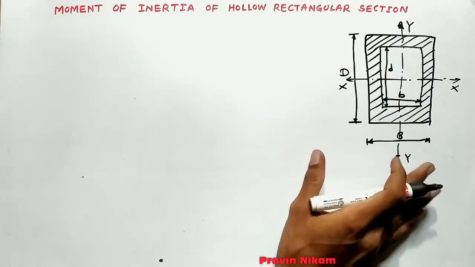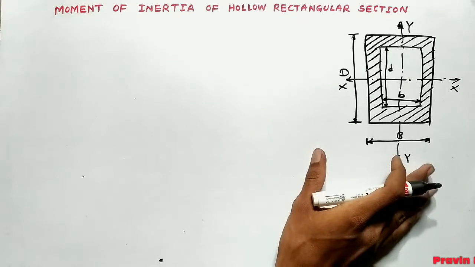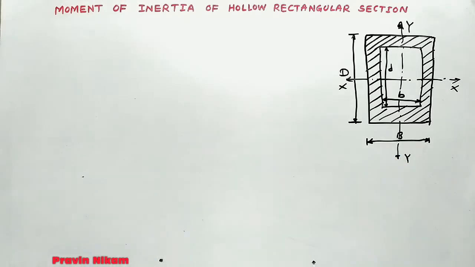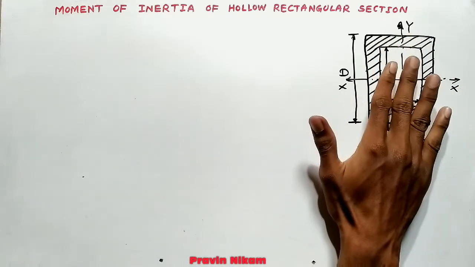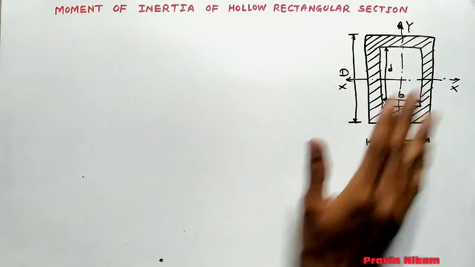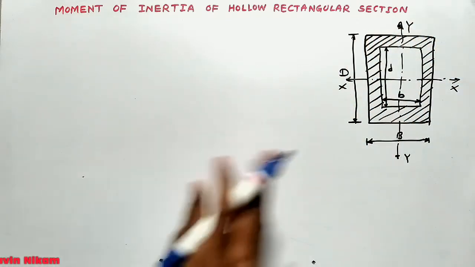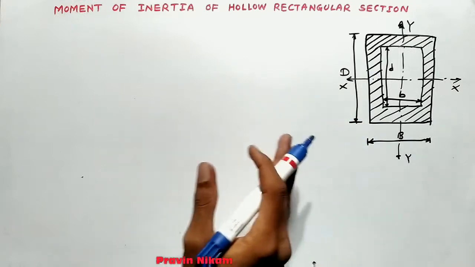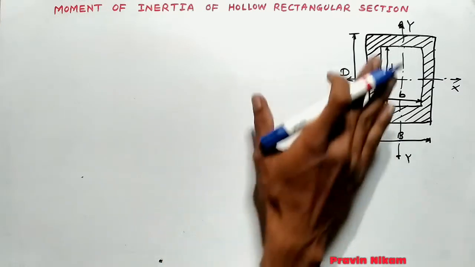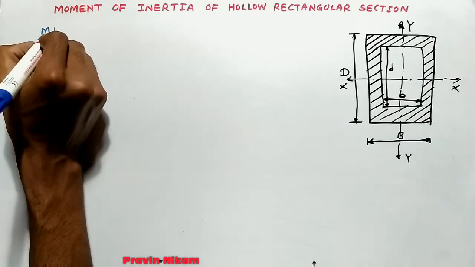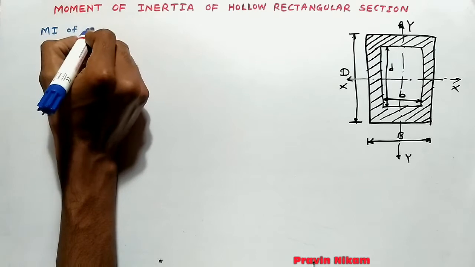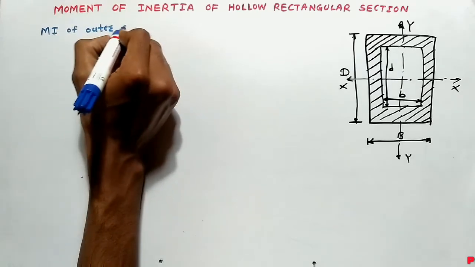So this is the hollow rectangular section. Now we know the moment of inertia of a rectangular section. Forget this inner rectangle and only consider the outer rectangle, and tell me what is the moment of inertia of this outer rectangular section.